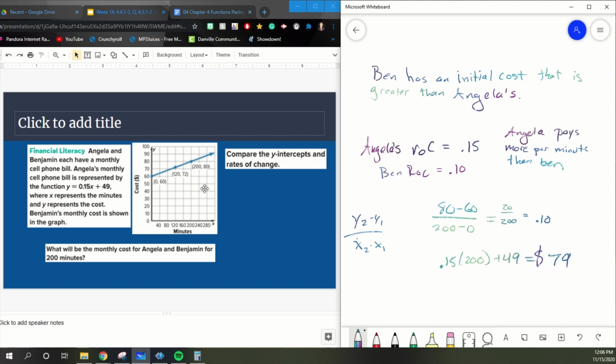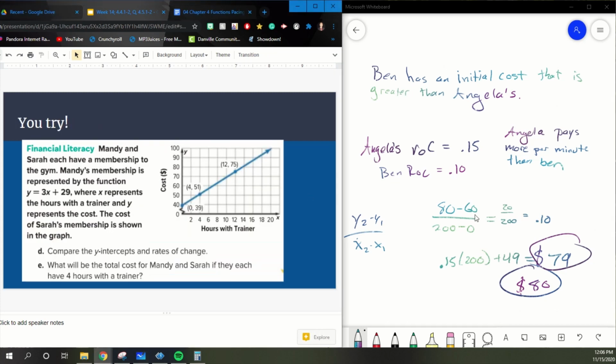And when we use the graph, well, at 200, Ben pays $80. So that's what they want us to do. So we just found those two using both our graph and our equation. And that's all it wants you to do. It wants to make sure that you can read the graph and interpret the information you're actually seeing there.